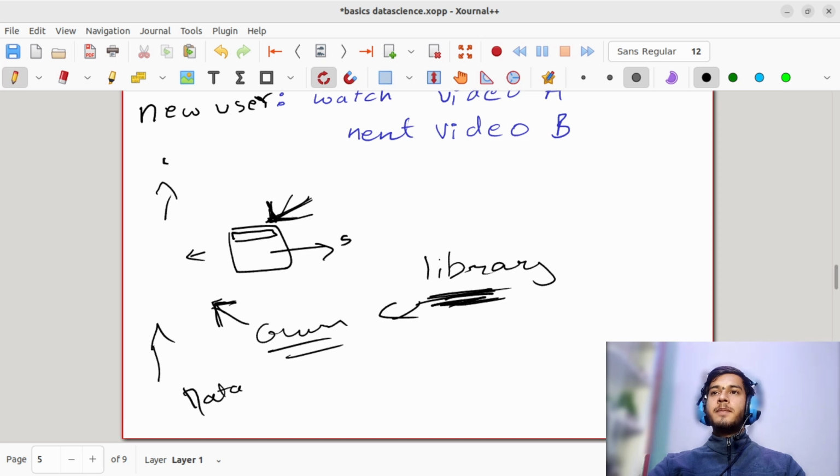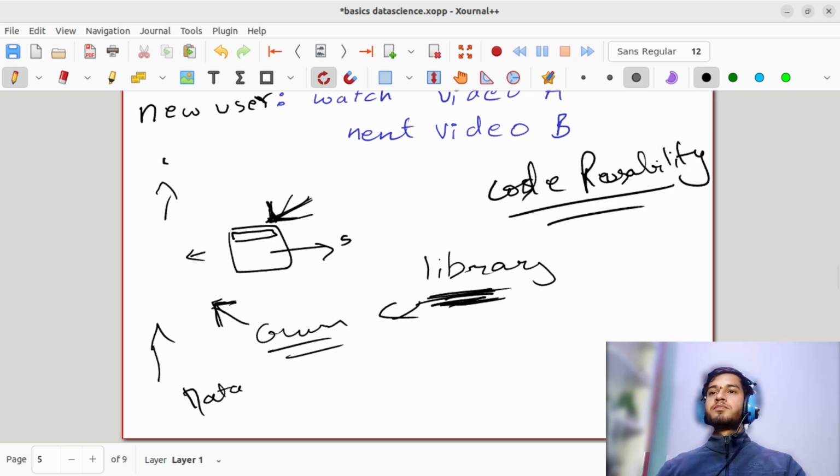So basically we are using code reusability here. This is the concept, and that is the reason for using libraries.